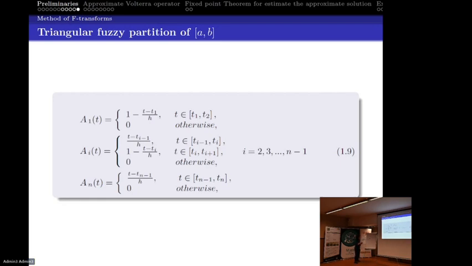So we will call this part the operator R of phi U, and we will use fuzzy transform to approximate this operator by Rn.